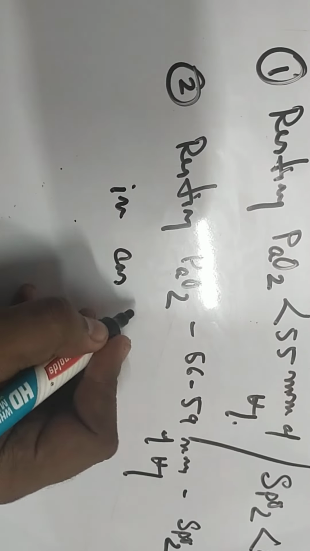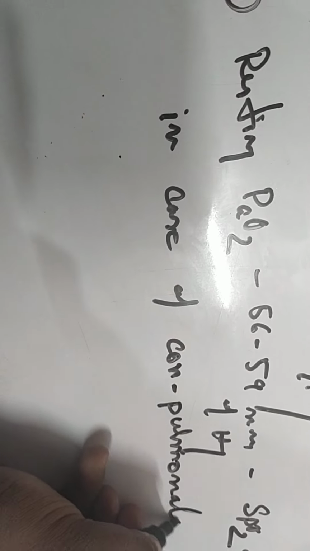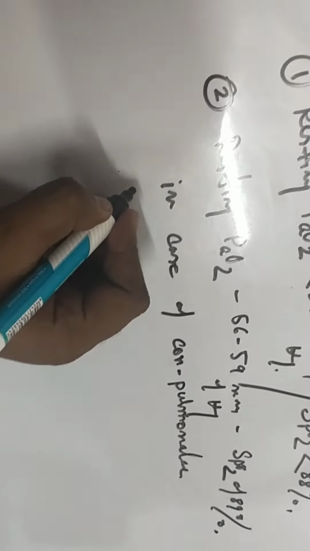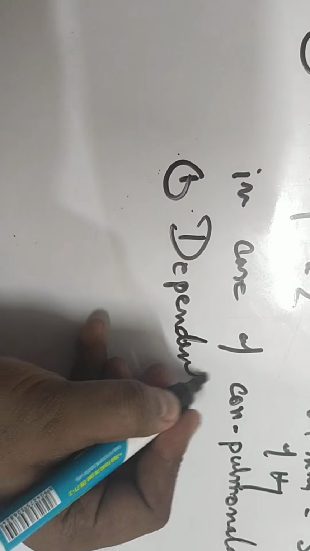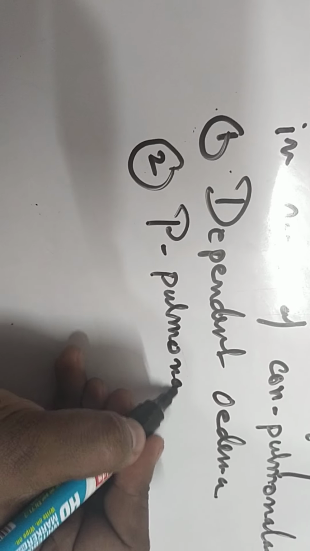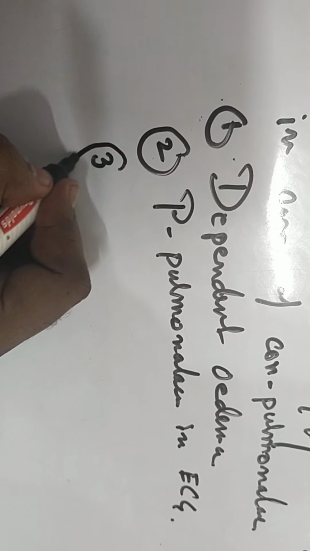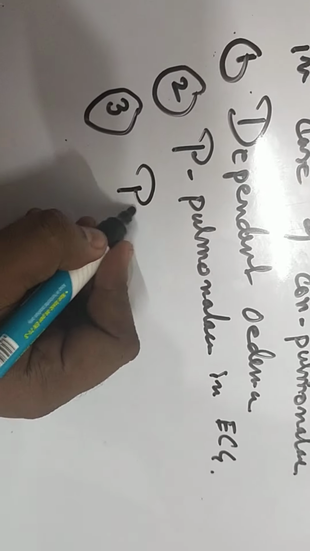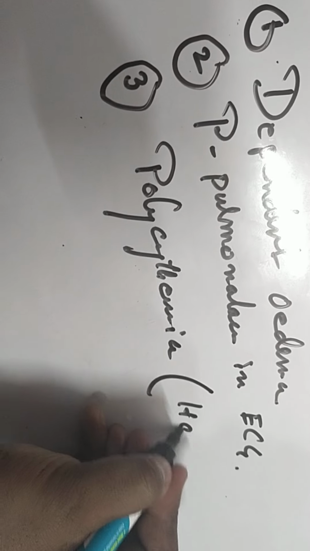In case of cor pulmonale, where the patient is having dependent edema, P pulmonale in ECG, where the patient is having polycythemia, where hematocrit is more than 56%.